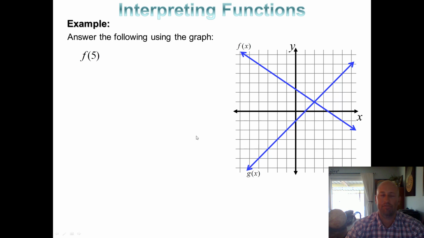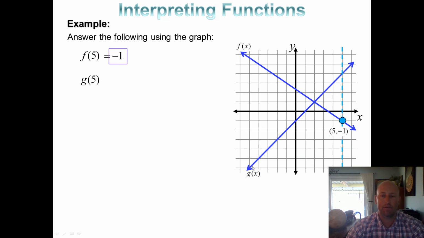So that means that f of 5 is negative 1. The answer isn't 5 comma negative 1. f of 5 equals negative 1. That is the answer. So don't write the coordinate. It's basically asking what is the y value when the x value is 5.